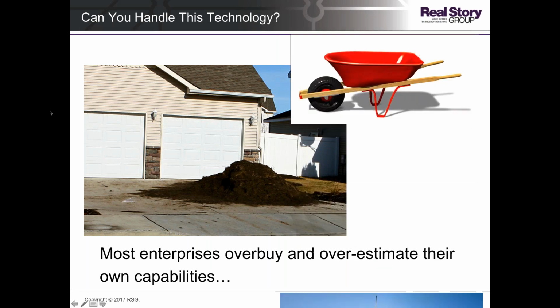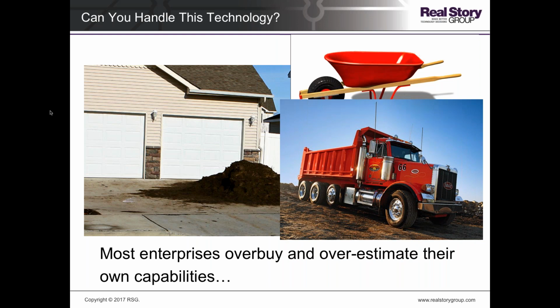We like to say, if you have to move this pile of mulch around your yard to your flower beds, most people will say, well, I could just get a dump truck to do it. And sure, you could move that pile of mulch to your flower beds, but there's probably a much more cost-effective way of doing that, and one that might not ruin your entire backyard in the process.